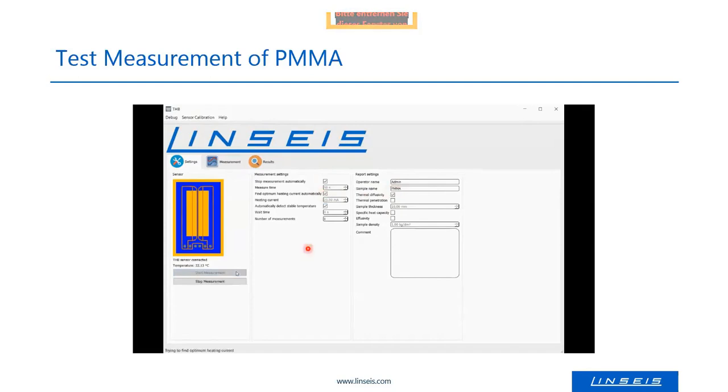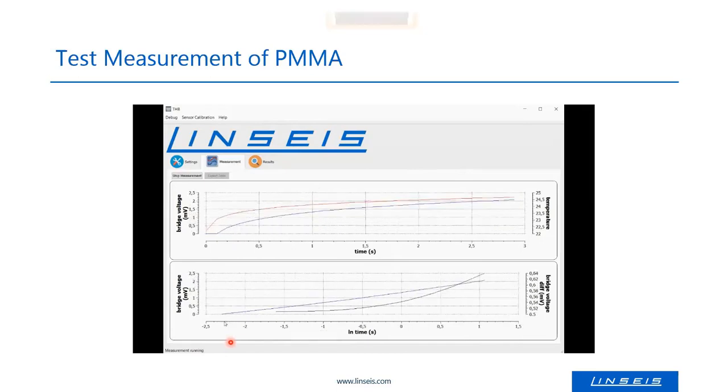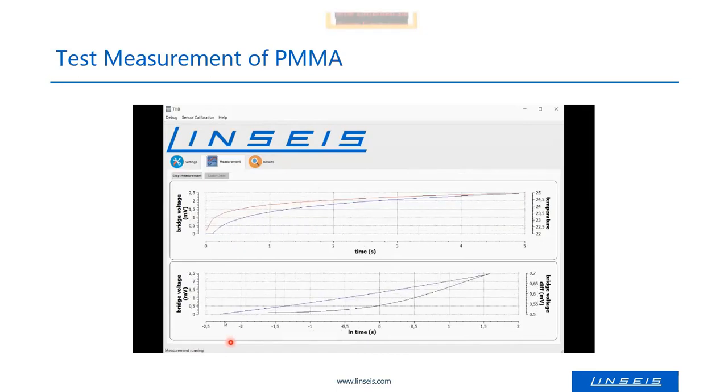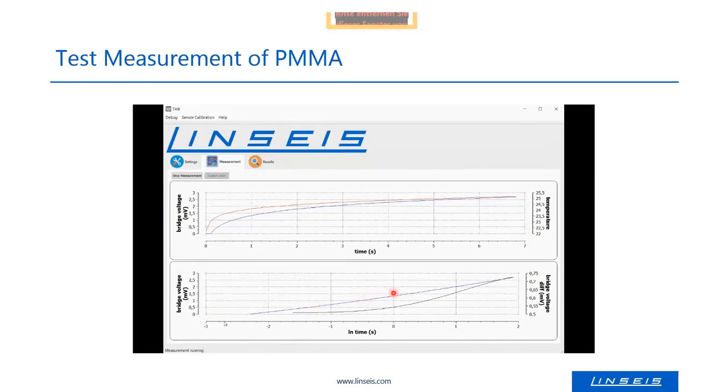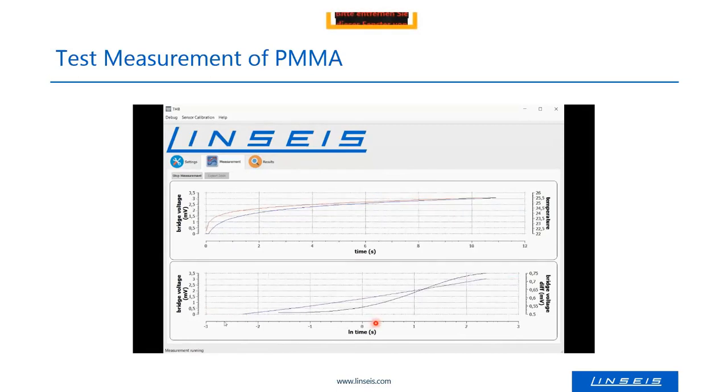The hook is set for automatic measurement and the measurement is started. It took 2 or 3 seconds to find the optimum current. And now the measurement is running, and the instrument detects automatically the end of the measurement when enough data are there to stop it.